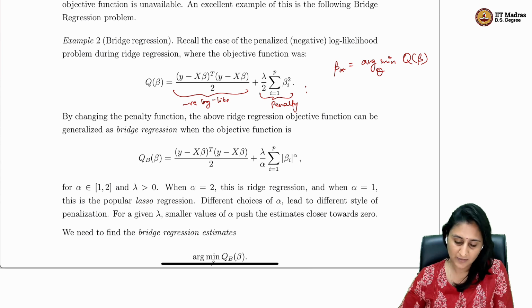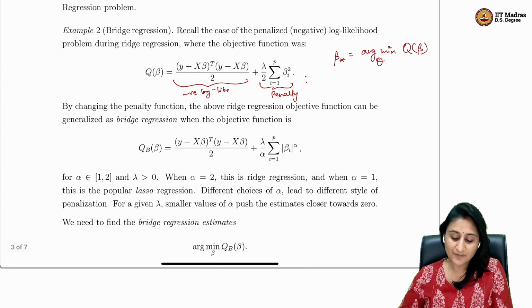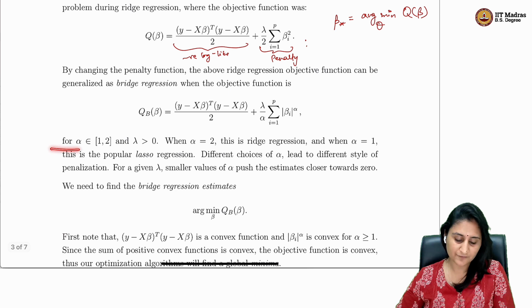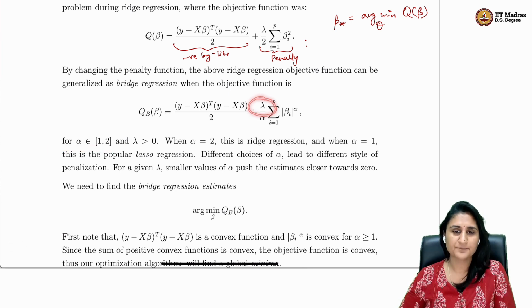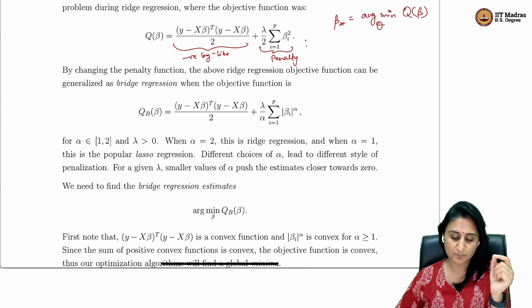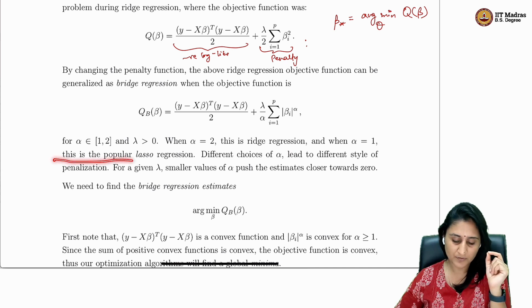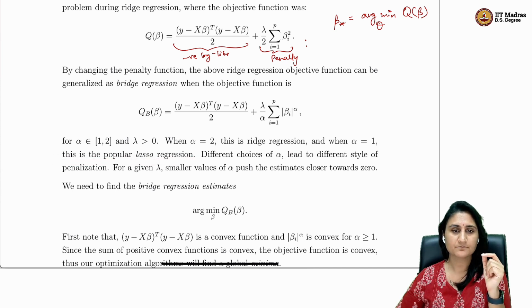So basically, if alpha is equal to 2, it's going to match this function exactly. The values of alpha that are considered are alpha between 1 and 2, and lambda has to be positive. So when alpha is equal to 2, this is ridge regression. And when alpha is equal to 1, which is a very popular case, it becomes the popular lasso regression. Okay, so this is the general bridge regression problem.